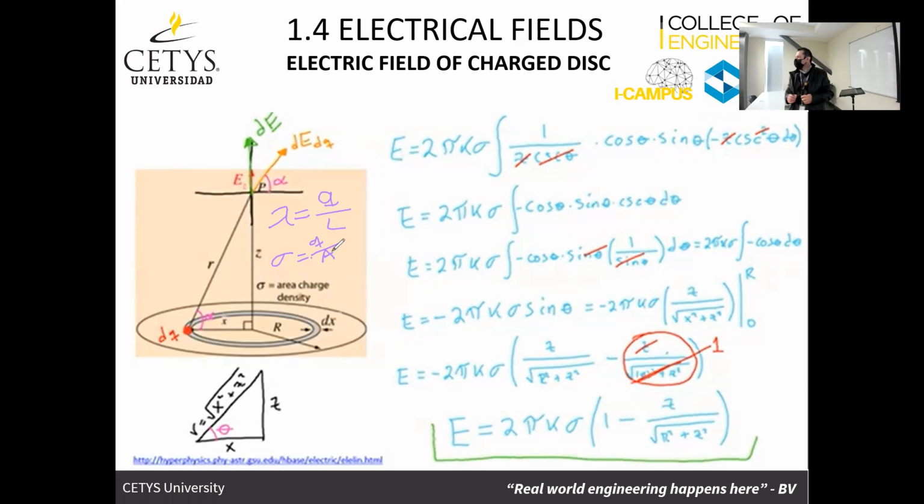Lambda would be for a length, for example a line or a circumference, where the charge is distributed along the length. So it's coulombs per meter. And sigma is used for something that has a surface, like a disk, a square, or anything where the charge is distributed along a surface.